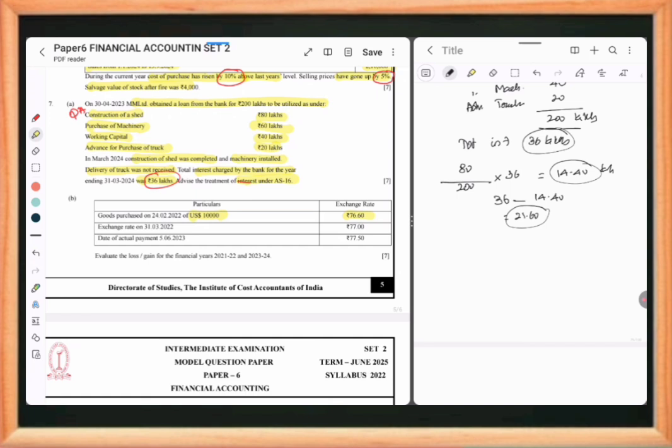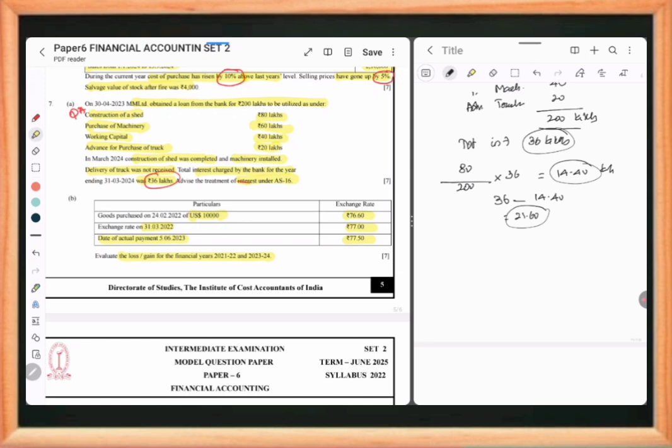It differs from year to year, day by day. It is changing. Here the exchange rate on 31/3/2022 is also given, that is 77 rupees. And then the actual payment, the amount actually paid on 5/6/2023, is 77 rupees 50 paise. Evaluate the loss and gain for the financial year 2021-22 and then 23-24, not 22-23, 23-24.